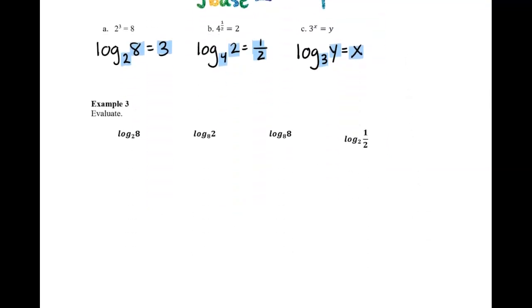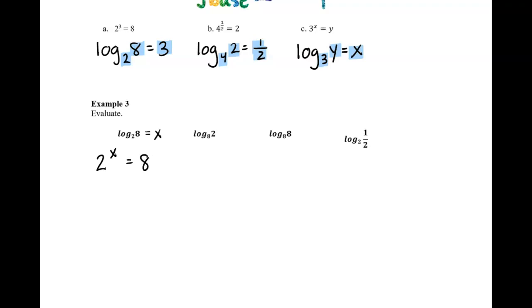For the next one, we'll evaluate. So if you want to, you can say log base 2 of 8 equals x. I'll show you how to do it without the x in a second. And so then if we use the x, if we write it as an exponential equation, we'll have our base of 2 to the power of x equals 8.